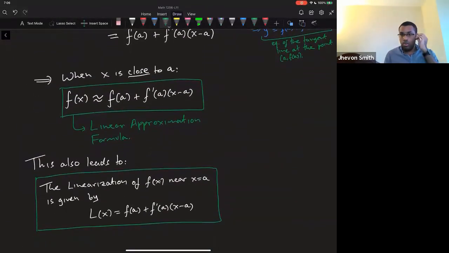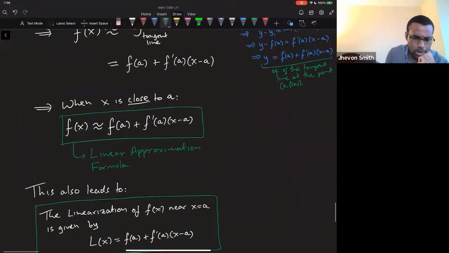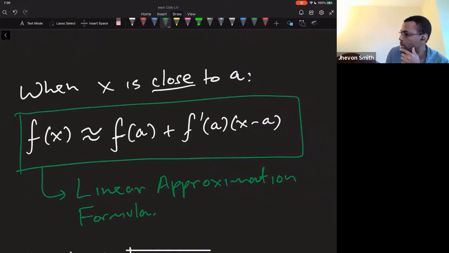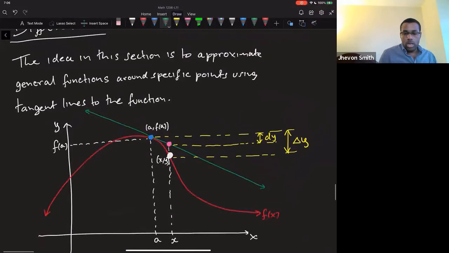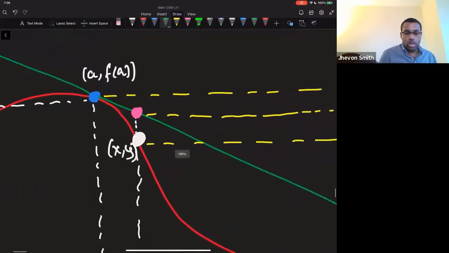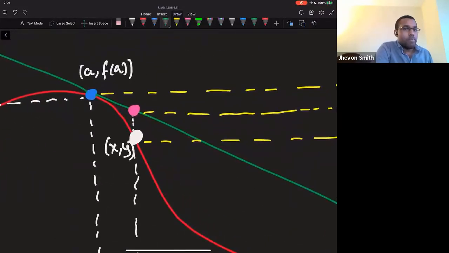But these are the two important formulas. But I would probably remember this one more. So that is the linear approximation formula. So basically we're approximating the outputs of the function with the outputs of the tangent line. Now, of course, they're not always going to be exactly the same, but the idea is the closer we move here, the less and less that difference is going to be.